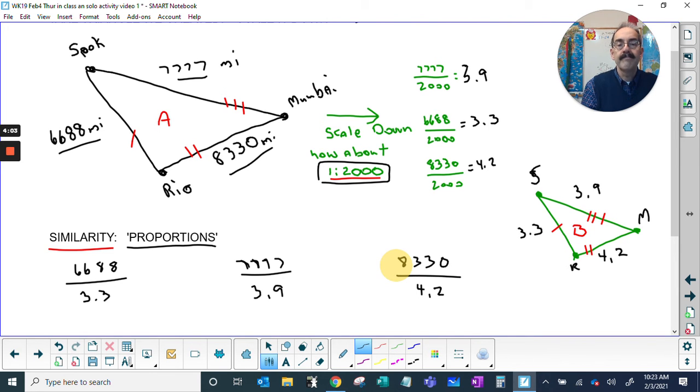Okay? If we do that, we verify the scale factor, which in our case was 2,000, 2,000, and 2,000.